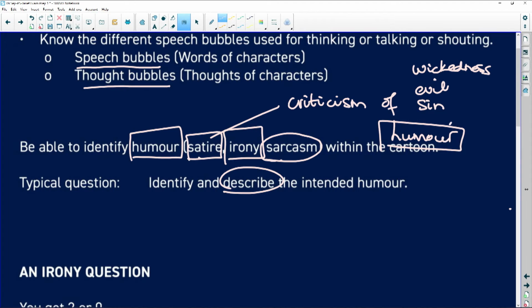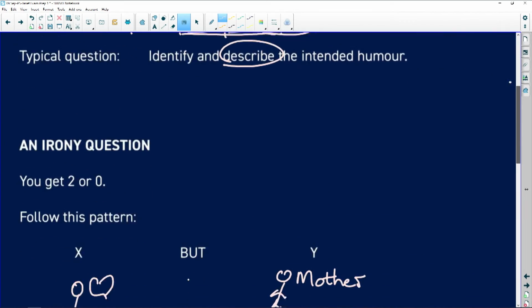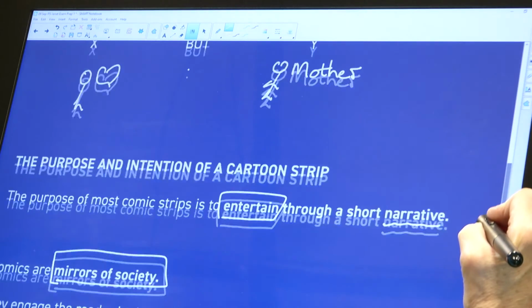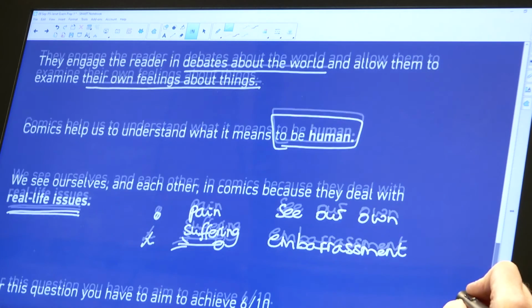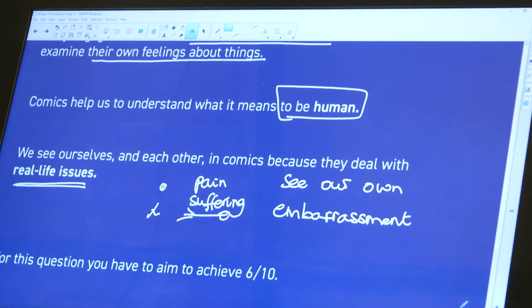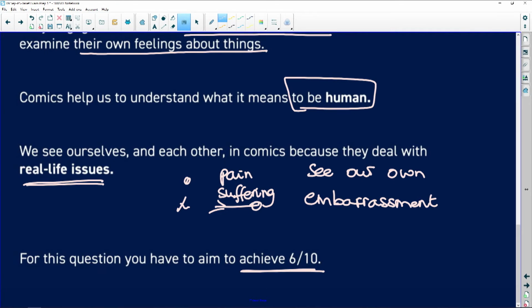We use humor to criticize it. So people will laugh and then they'll go, oh, but I'm getting the message. So try to understand what satire and irony are doing. They're not necessarily making the situation ridiculous in a way that we don't take it seriously, but they are poking fun at it. And you need to get a 6 out of 10 for that.